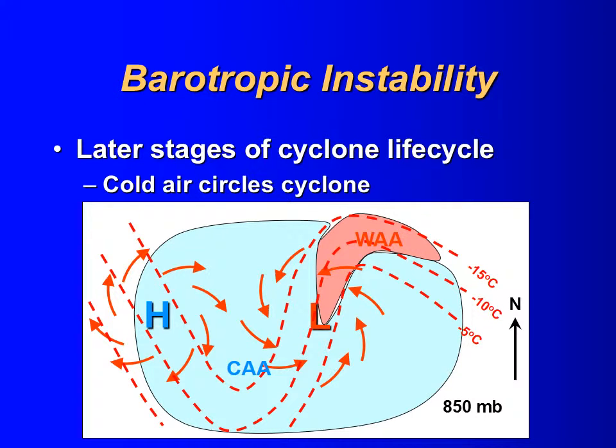And towards the older stages or later stages of this low pressure system's life cycle, that cold air that came spilling down from the north eventually spills to the south and starts to spill back up to the north. In other words, it circles that low pressure system. When that happens, that warm pool of air starts to become just a sliver.